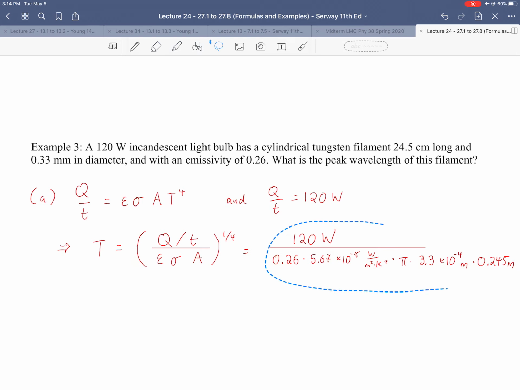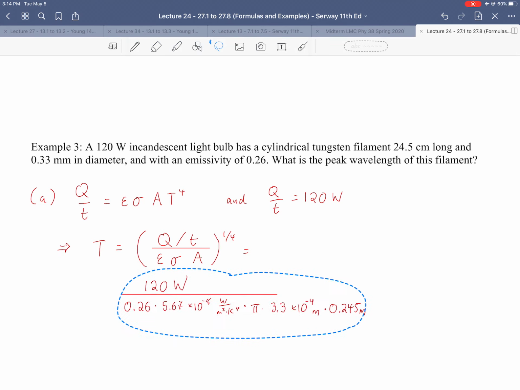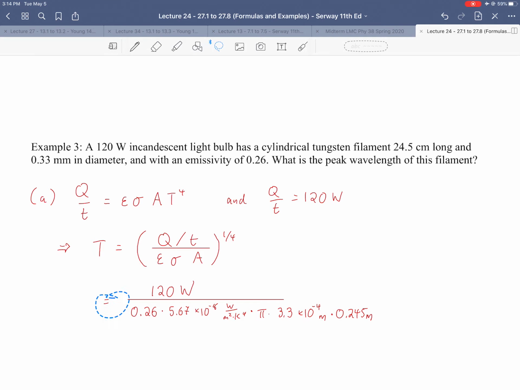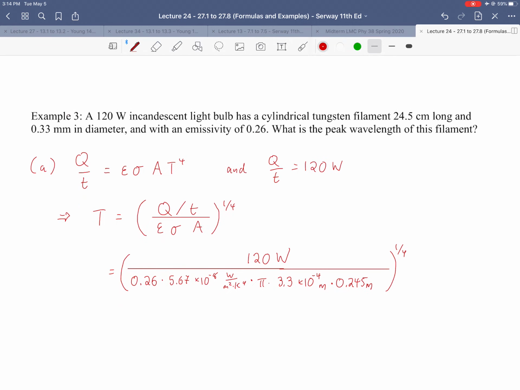I'm going to bring this down because I ran out of space. Okay, so that's everything we need. Of course, we're going to raise that to the 1/4 power. Let's do that, at least to show that we're going to do it. So it's all raised to the 1/4 power.